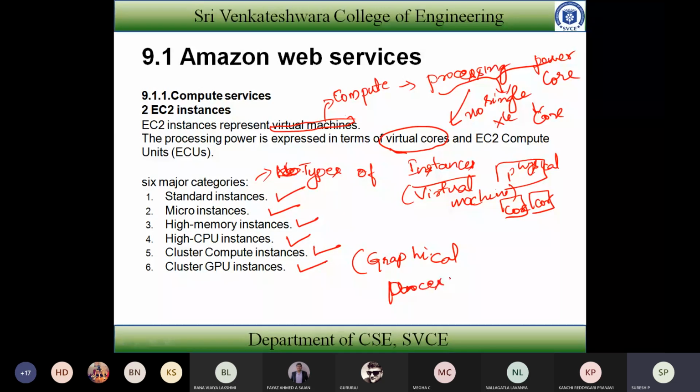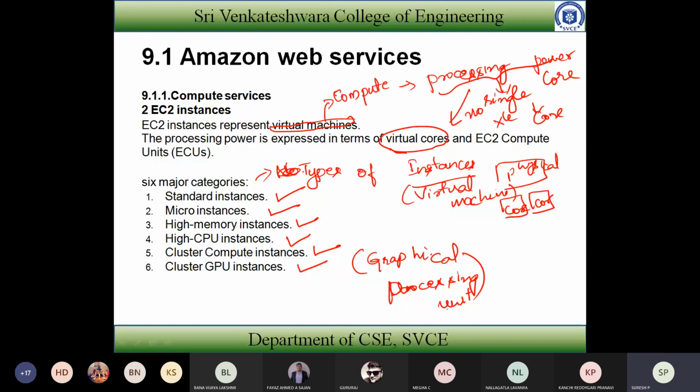Like in gaming, or where you have real-time streaming of information, like real-time video streaming. When you have real-time streaming, you require high compute instances, because more operations have to be done, so you need a high amount of CPU instances.